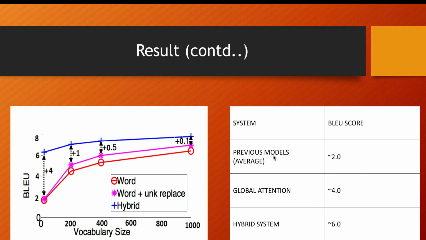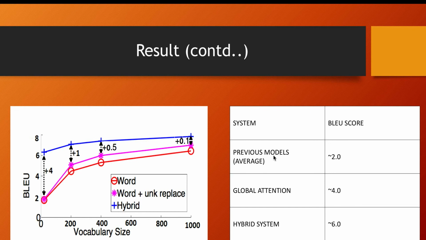Further, I calculated the BLEU score, which is a very popular method nowadays for comparing results between different research methods in the field of text translation. And so, first, I had tried using only the word architecture, and starting with the low vocabulary size gave me about 2 BLEU score, and it increased up till 6 as I increased the vocabulary size.